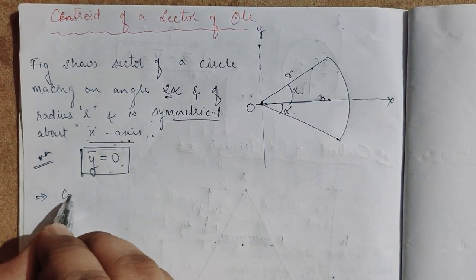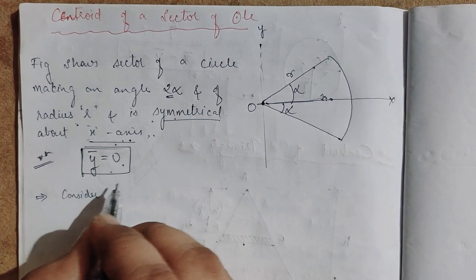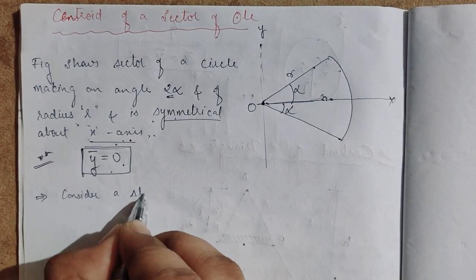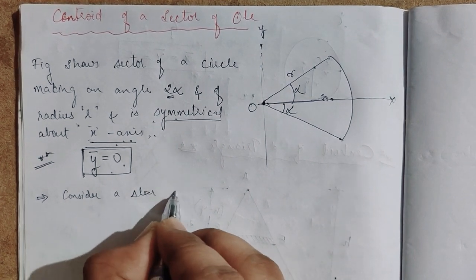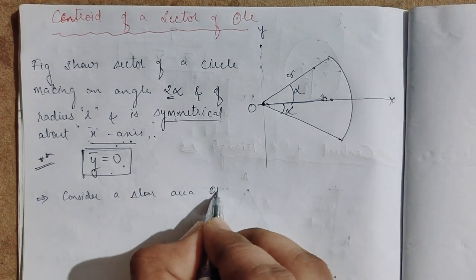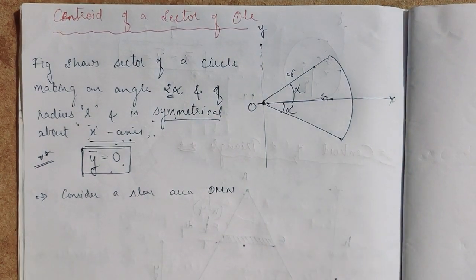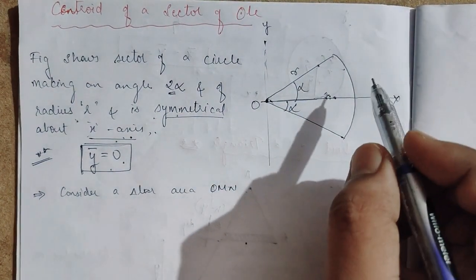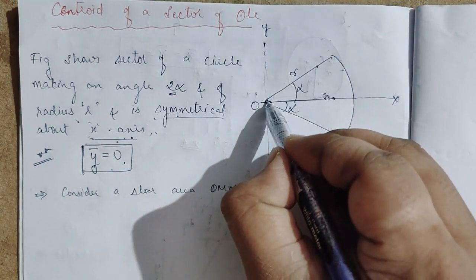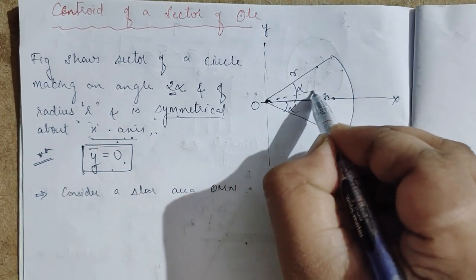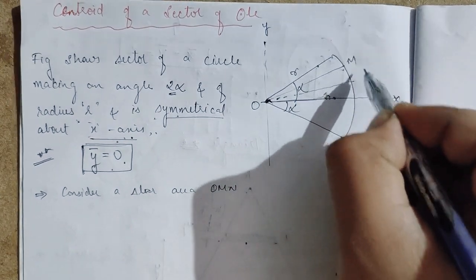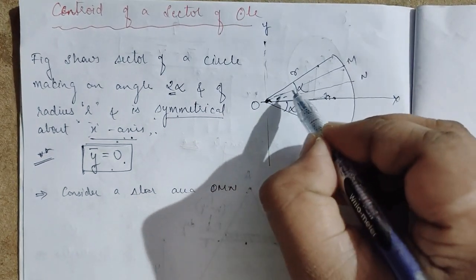And also, same as we did in the last problem, consider a triangular area, that is OMN. There will be so many triangular areas, but to visualize we are taking a big one, that's it. Let this be OMN.